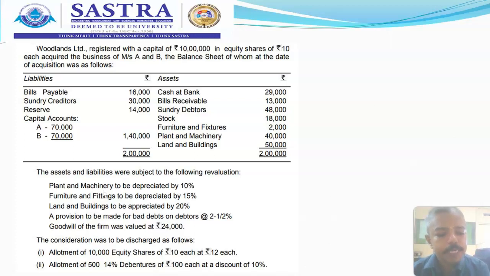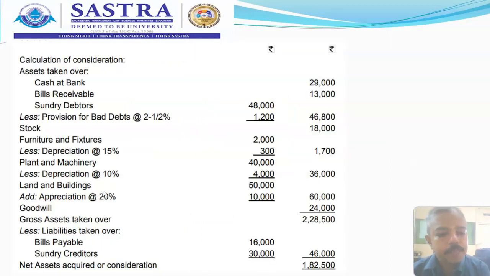Now let me take you towards the purchase consideration calculation. The calculation of purchase consideration is the most important step in the acquisition of business, because the entire sum is purely based on it.